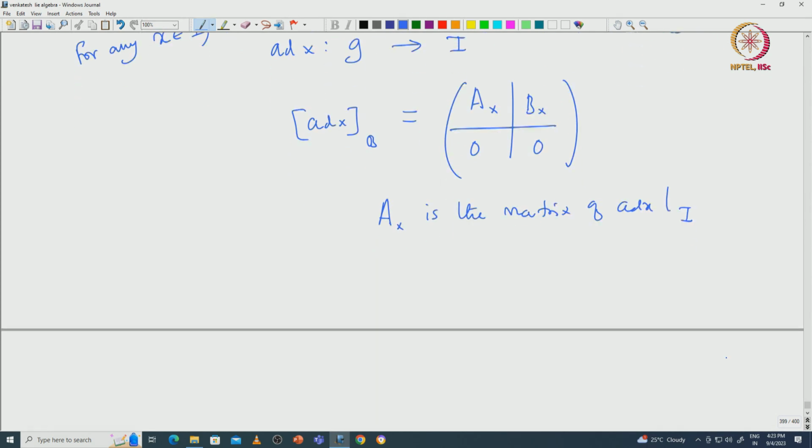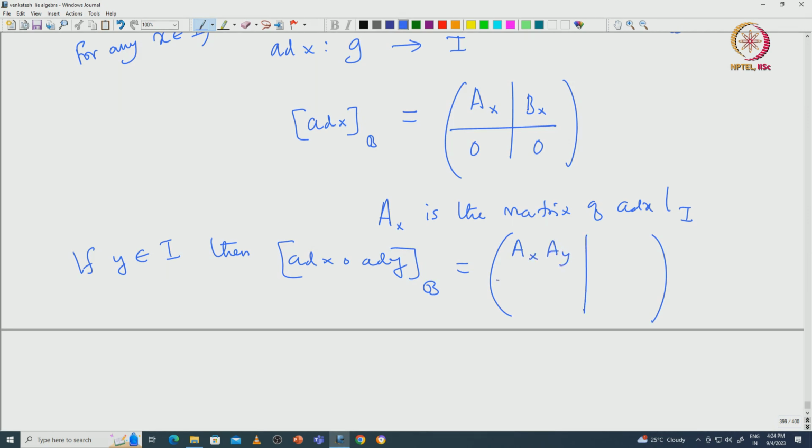In particular, if we compute the composition, if we take y inside I, then if we compute ad x composition ad y, the matrix of this with respect to the same basis will look like the product of these two matrices: A x times A y, and then here 0 0, and whatever is there is going to be A x times B y, which we do not care about.